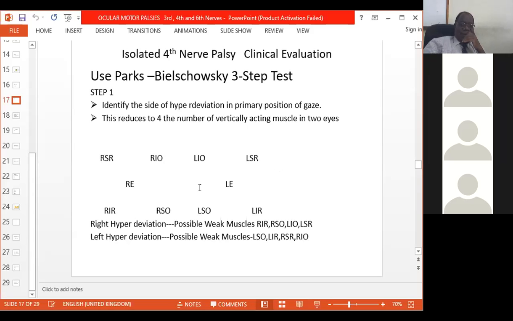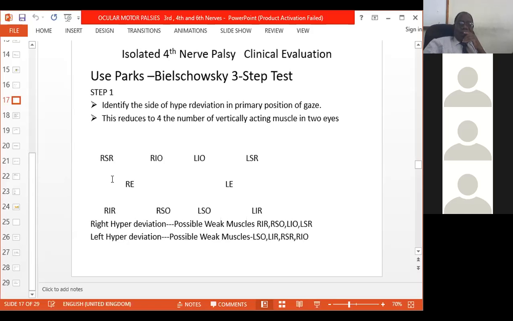Once you identify those, right hyperdeviation, possible weak muscle. I hope you are seeing the diagram. If the right eye is hyperdeviated, it means the right inferior rectus muscle is weaker.